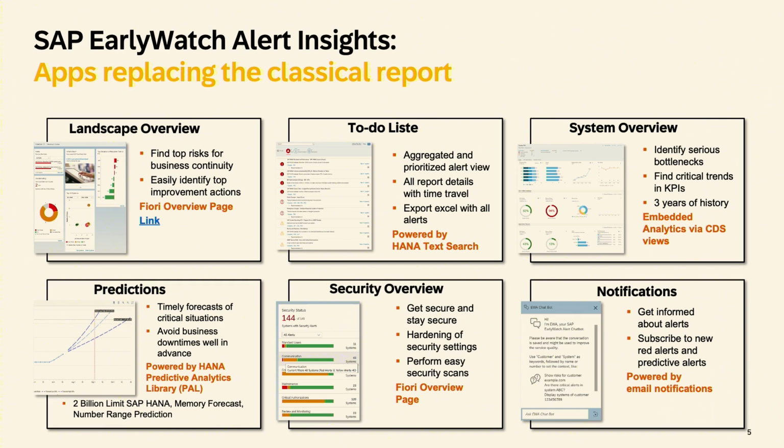Then we have the system overview. Here, when you open the application, it's called EarlyWatch Alert Dashboard. You enter a system ID, or you select it from a drop-down list. And here you see the consumption of your HANA database, HANA memory, HANA CPU. You see the application server utilization, but also the applications which are used.